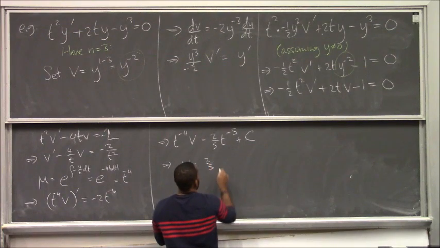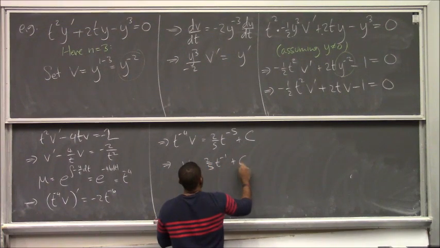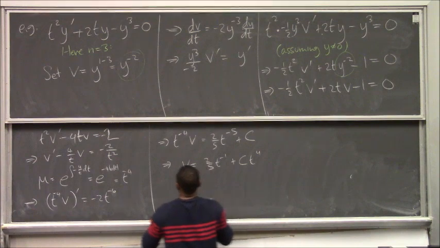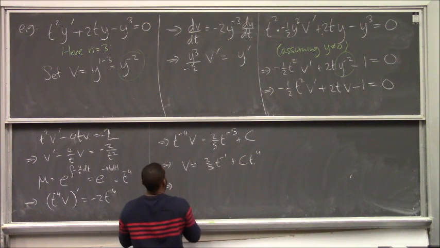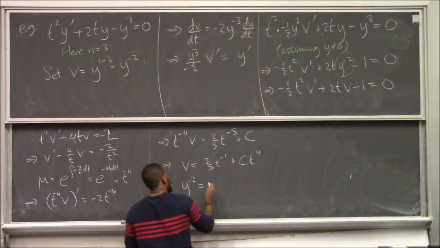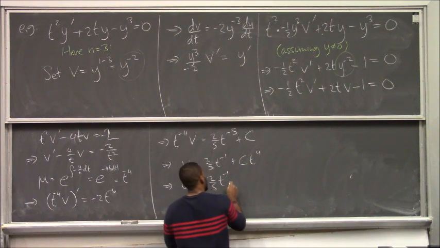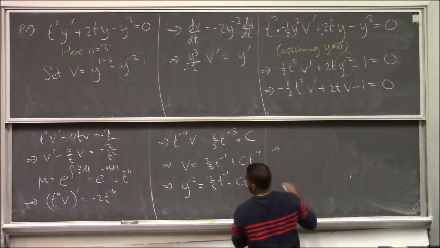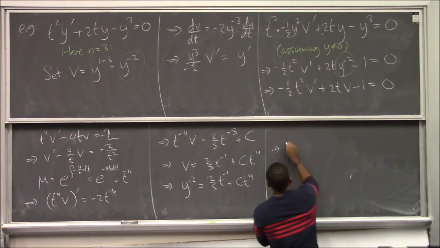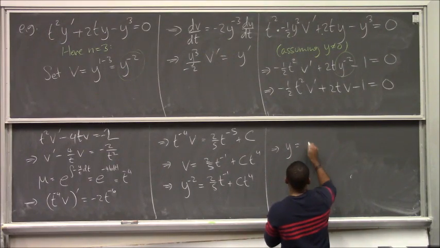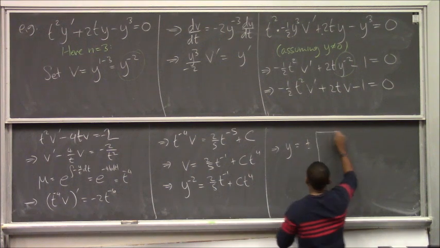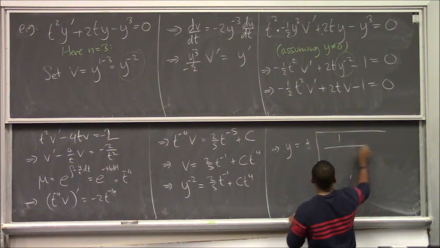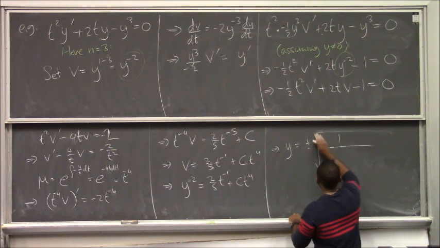So this means that your v is equal to 2/5 t to the minus 1 plus c t to the fourth. This means y to the minus 2 equals 2/5 t to the minus 1 plus c t to the fourth. That means y is going to be the square root of that. Or can we put it up here?